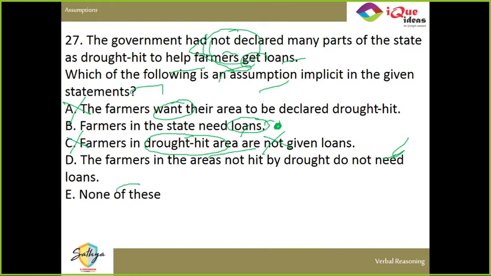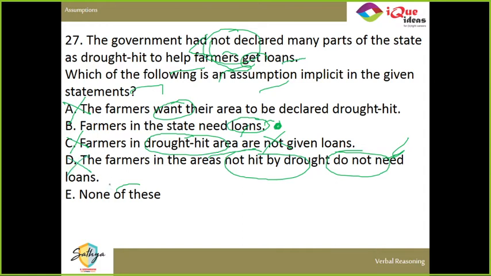And in drought hit areas farmers need loans, correct. But those who are not hit by drought, we cannot say that they don't need loans. Those who are drought hit definitely need loans. But if a person is not drought hit, then whether they need a loan or not, I don't know that.